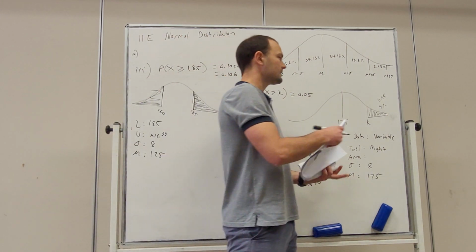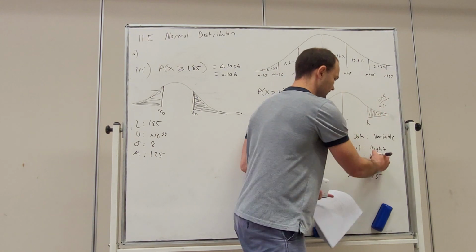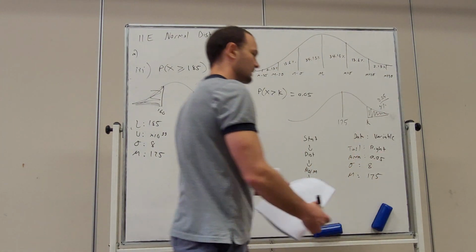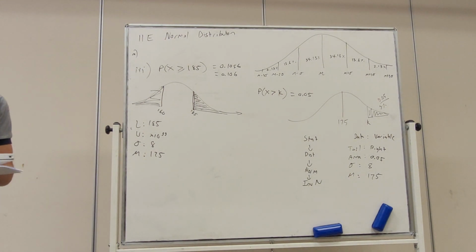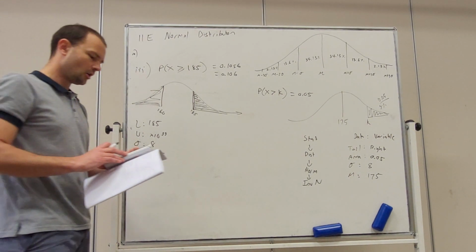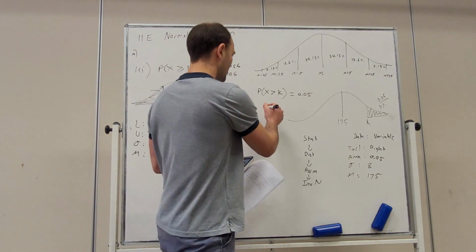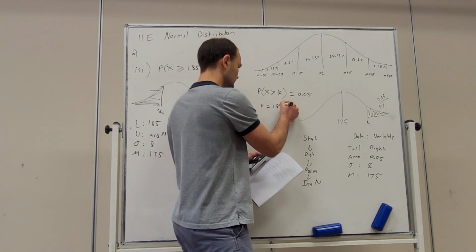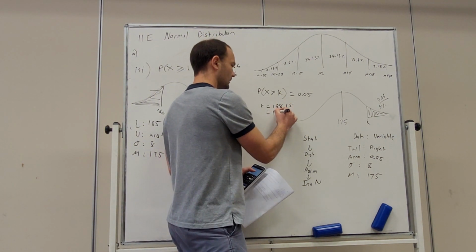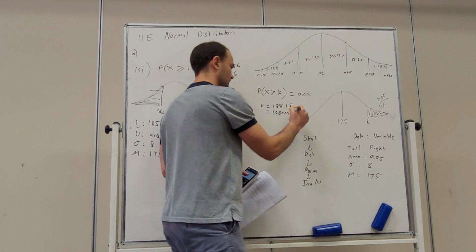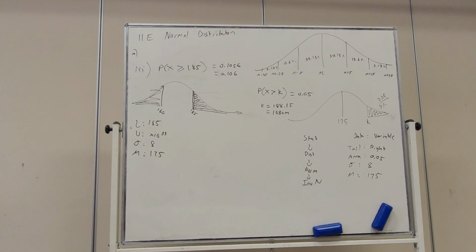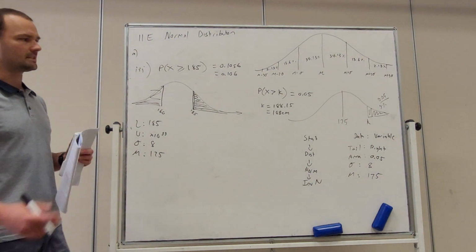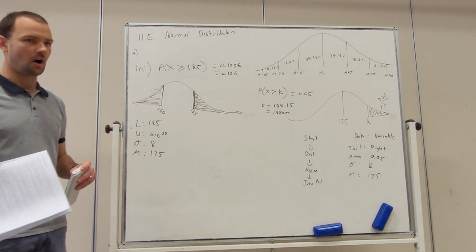And the area is the probability, 0.05, 5%, which must be expressed as a decimal. So if we put all of that in, 0.05, 8 and 175, we've got 188.15. All right, 188 centimeters. If you're taller than 188 centimeters, you're in the top 5% of height.